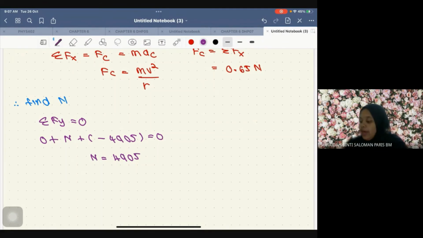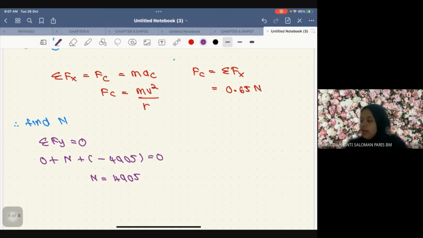Okay. So dah dapat N, baru boleh kira masukkan dalam equation tersebut. Okay. Sub into this equations. So akan dapat 0.65 darab dengan 4905.